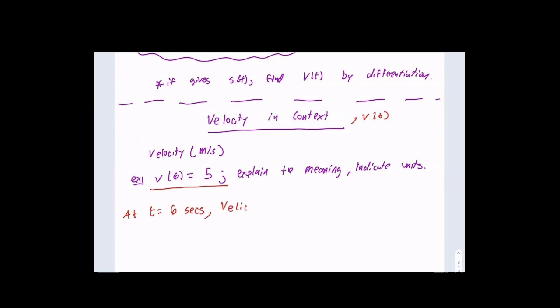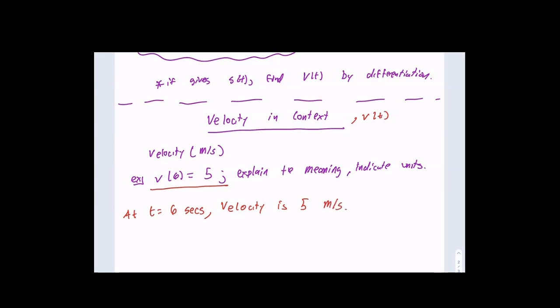Oh no, velocity equals 5. Is what? 5 miles. No. Speed? No, I haven't mentioned the word speed yet at all. Meters per second.